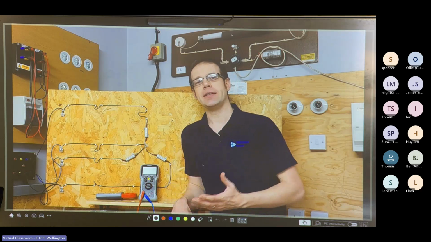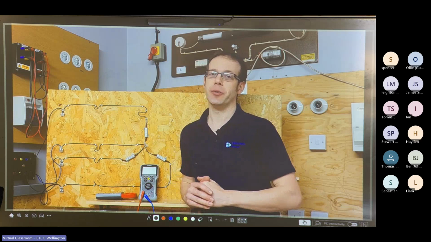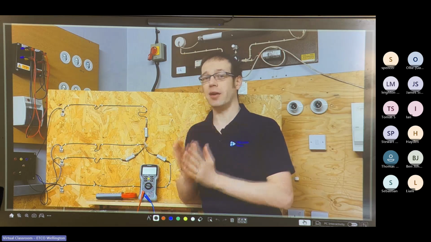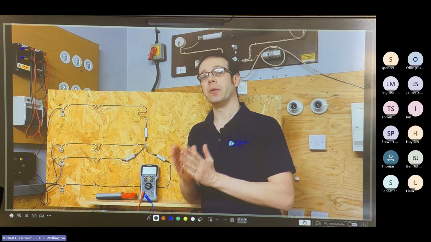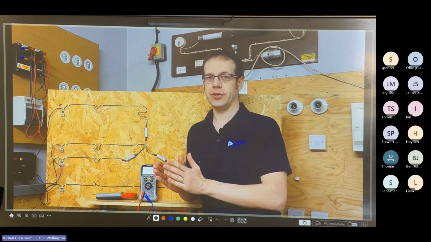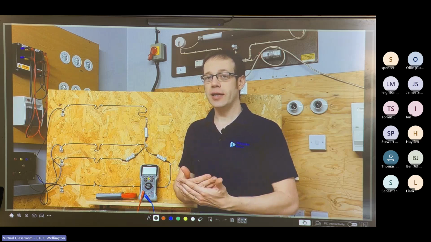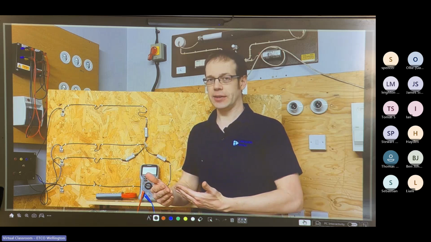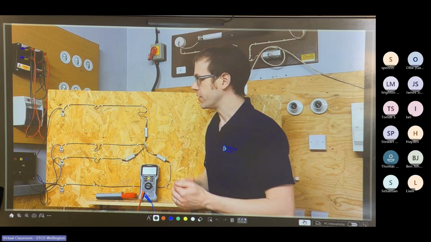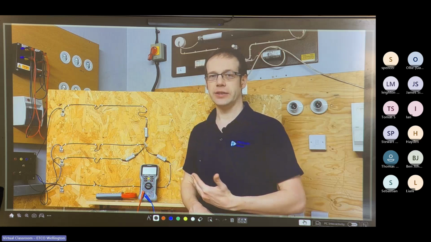Now, in a 3-phase system, there are 2 kinds of voltage that we're interested in. There's what we call the line voltage, and there is what we call the phase voltage. Now, what we're going to do is we're going to give these definitions that make them work for a star-connected load and for a delta-connected load. So let's think about that first of all. What is the line voltage?